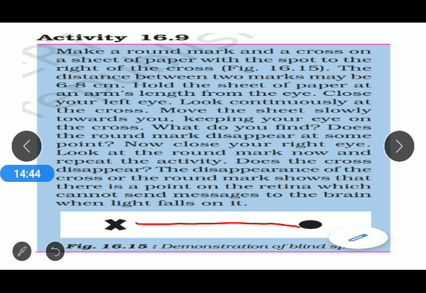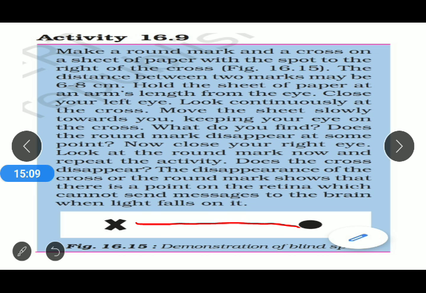But as it gets very close to our eye, we are not able to differentiate where the cross and the bold circle are. That means we are completely blind. We are not able to see that the symbols exist. The point where we are not able to see both these symbols is known as the blind spot.